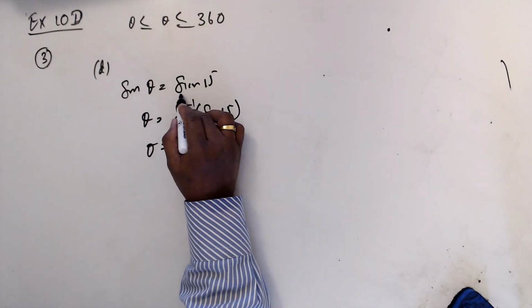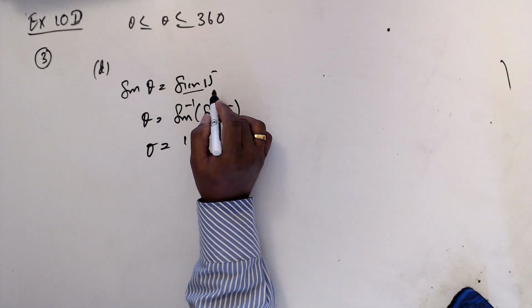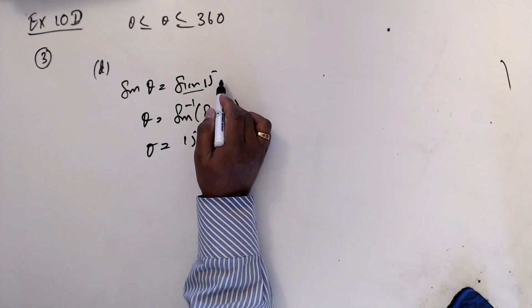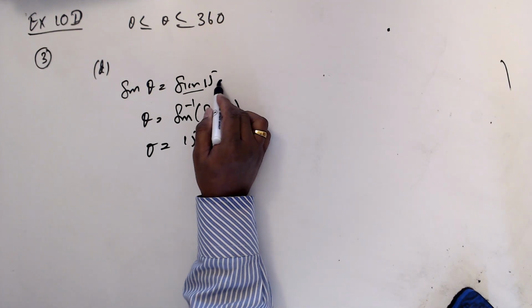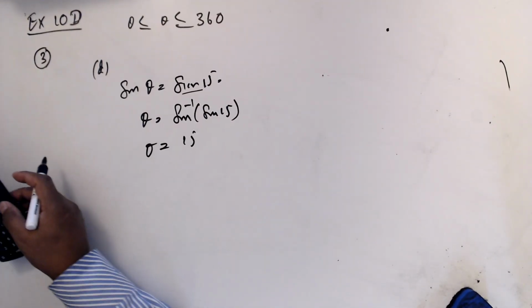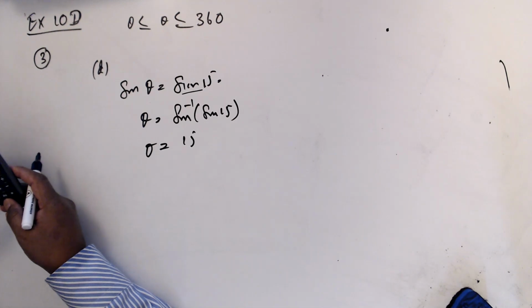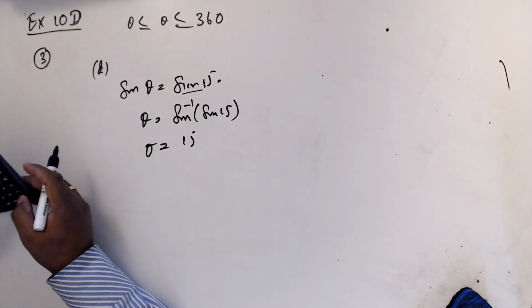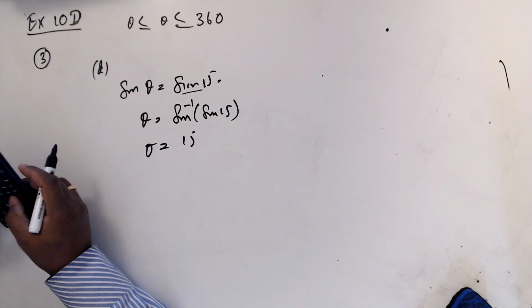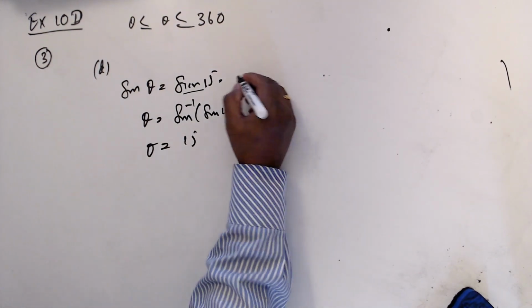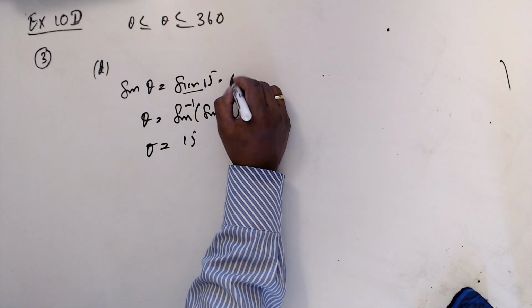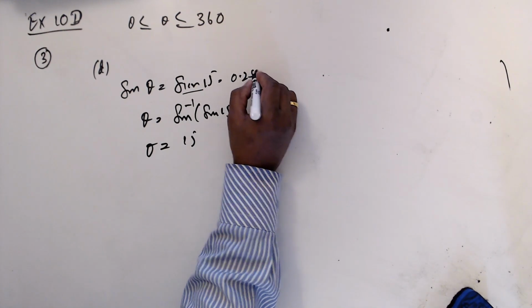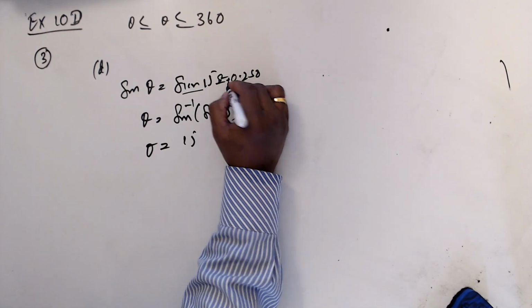Sin 15, when you find it from the calculator, is a positive number. The value of sin 15 is 0.258 approximately. It is a positive number.